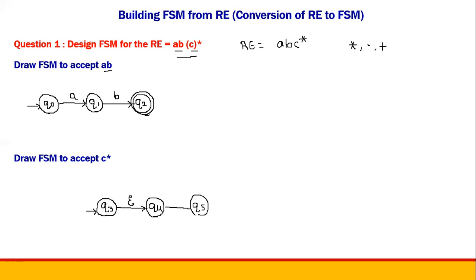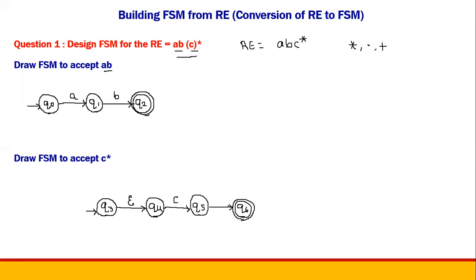Then it will read the regular expression, which is C. It will read C once and reach the final state. Let's assume that Q6 is the final state for C star.